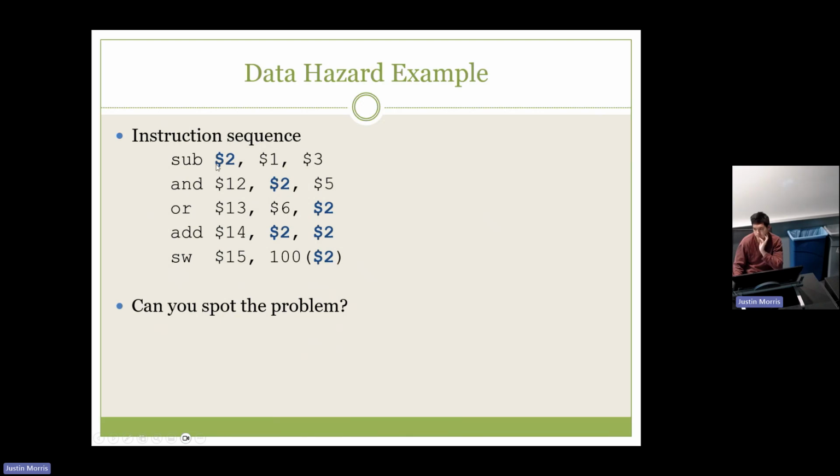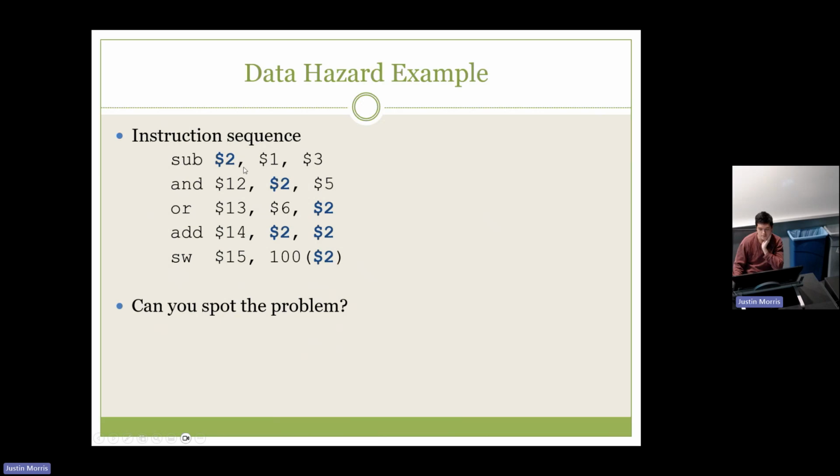Does sub really have a problem? I guess we add the value of register two in add. Are you talking about and? Oh, yeah, no, I read that wrong. Never mind. So what I just wanted to clarify is sub has no problem, right? Sub can execute normally. It's not dependent on anything.